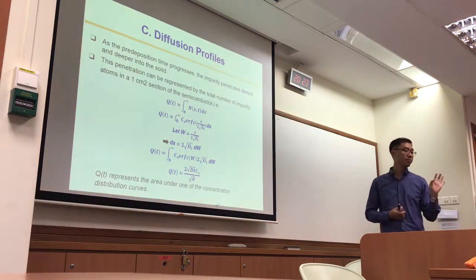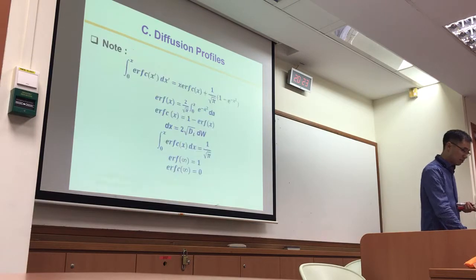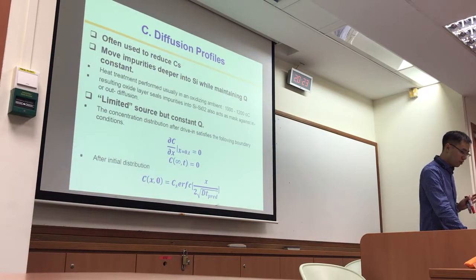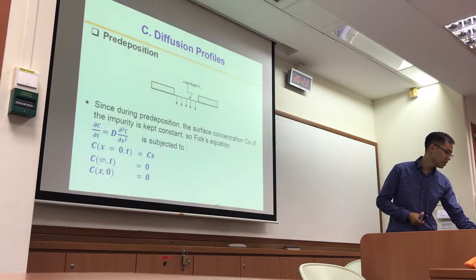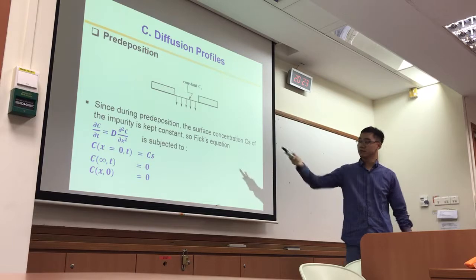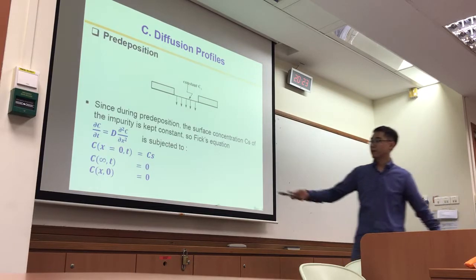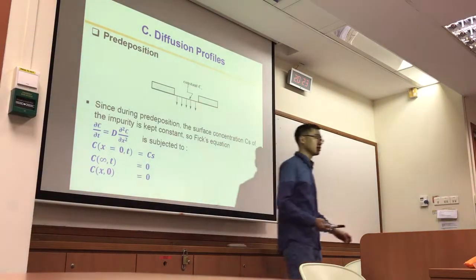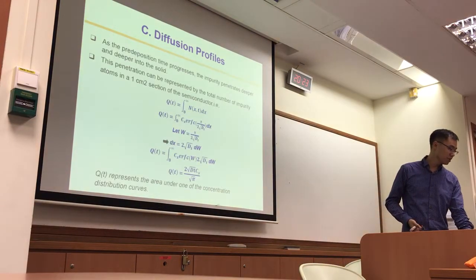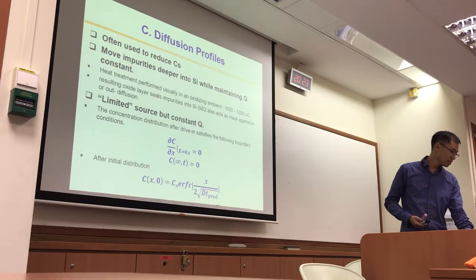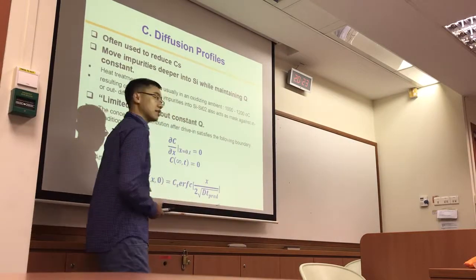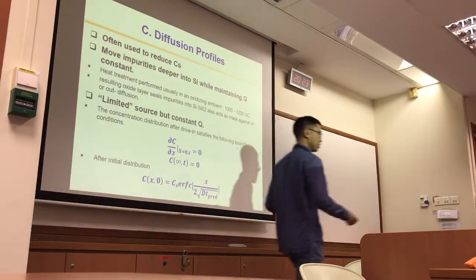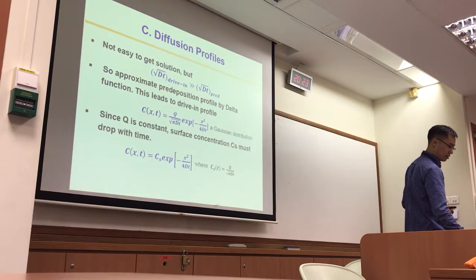If we use the same equation of concentration as a function of time and a function of depth, but with different boundary conditions, and now if we solve the equations, we are going to get the final solution of this one.